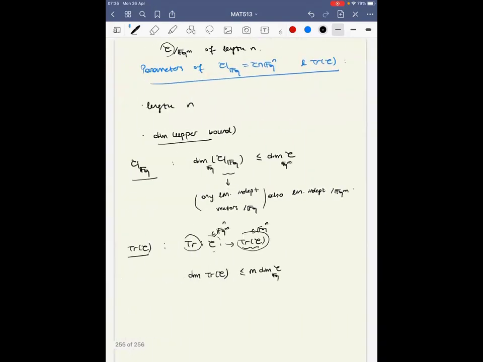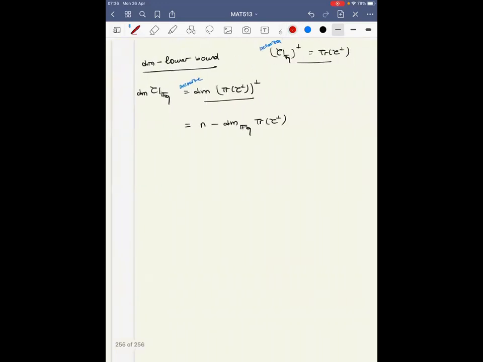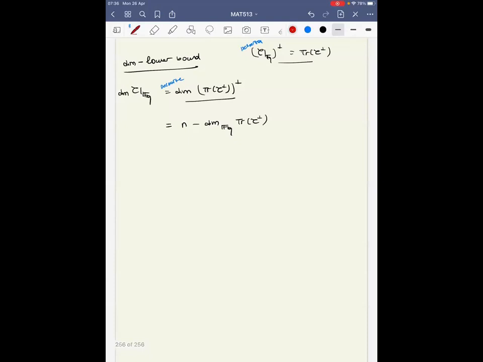And due to the upper bound for the trace code, let me denote it by double star, we know that the dimension of the trace code is bounded above by m times the dimension of C dual.